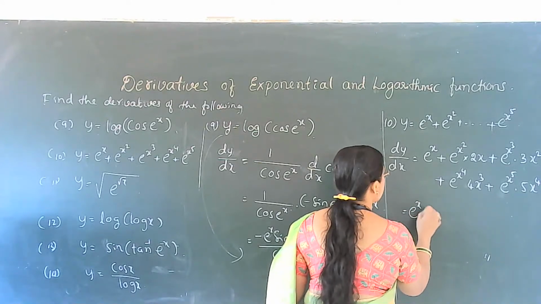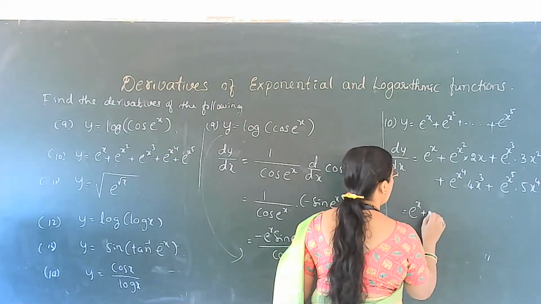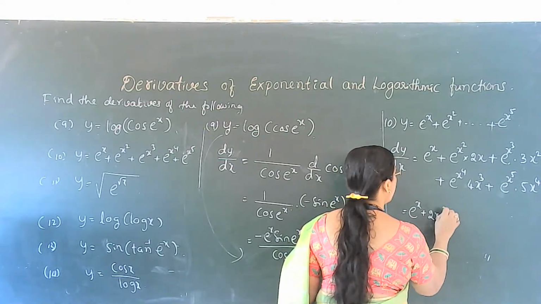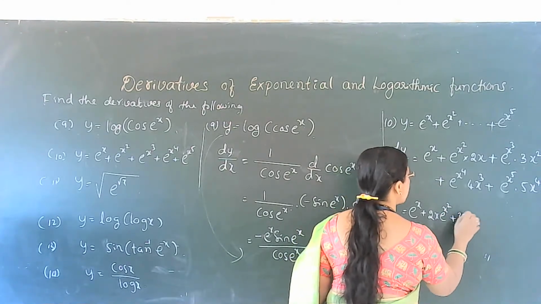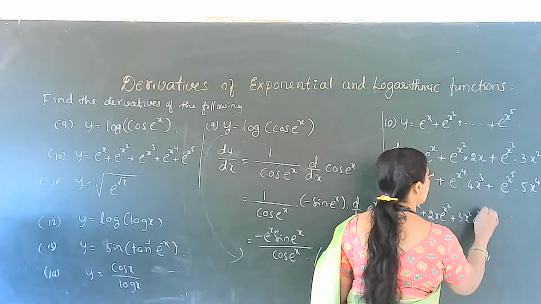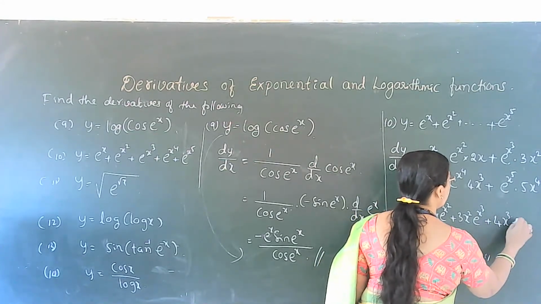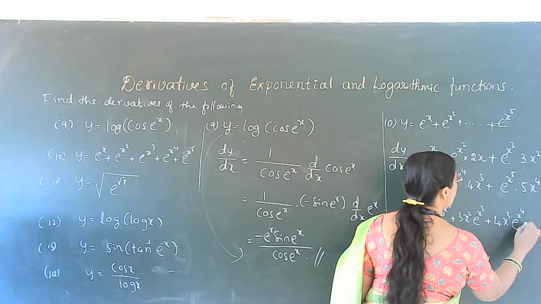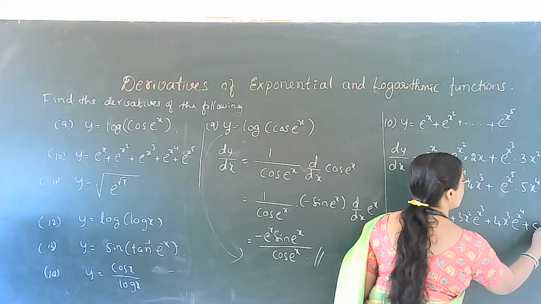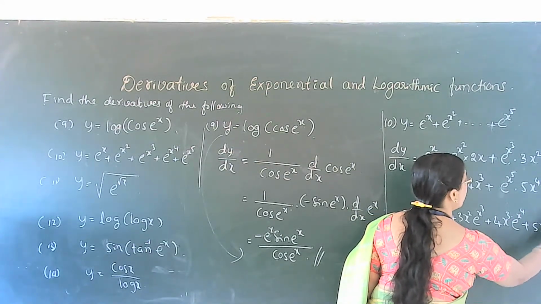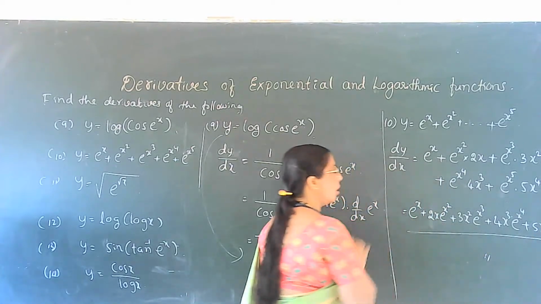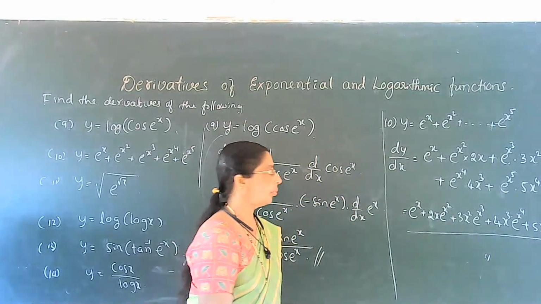Therefore, e to the power x plus 2x into e to the power x square plus 3x square into e to the power x cube plus 4x cube into e to the power x to the power 4 plus 5x to the power 4 into e to the power x to the power 5 is the answer.